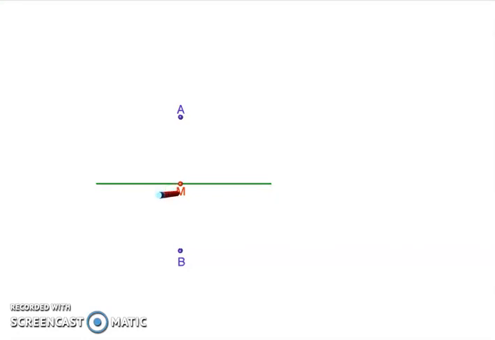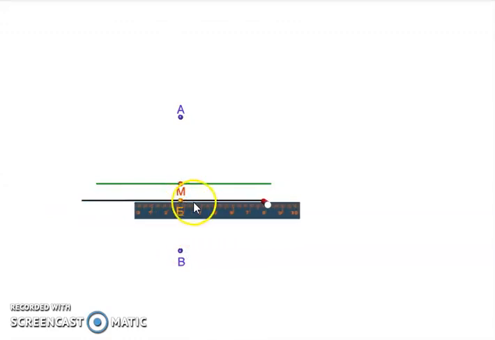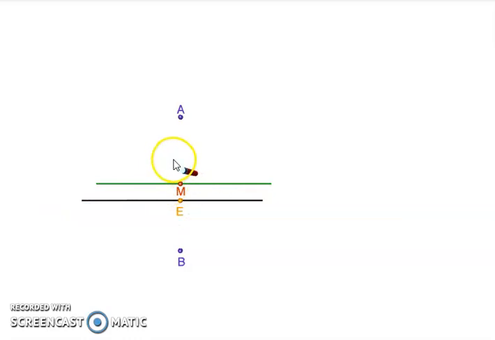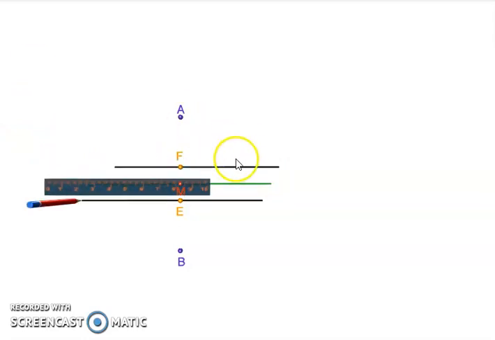Let's say the intersection will be at point E, and the other intersection will be another point F here.